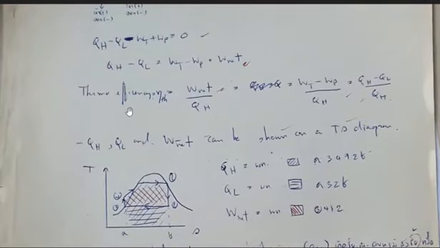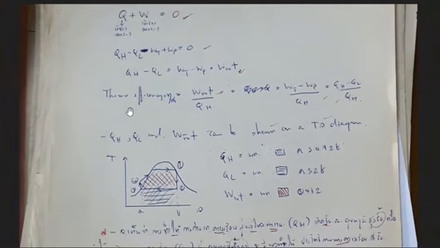And this is how we calculate the thermal efficiency of the plant, which is work net divided by QH. Work net is the net work that the plant will get, equal to the work produced by the turbine minus the work that we need to put into the pump in order to increase the pressure of the water.